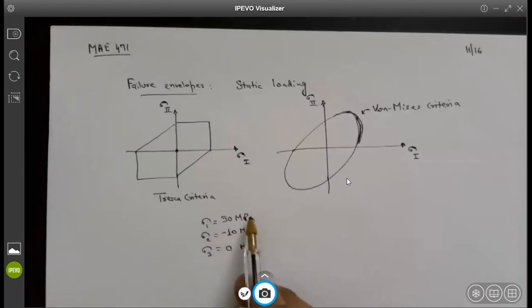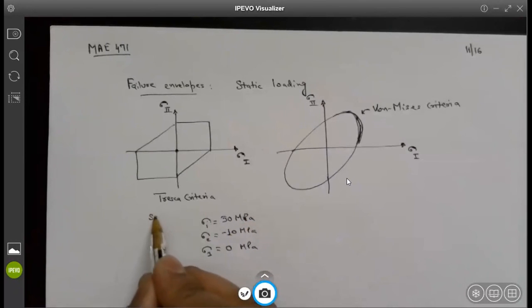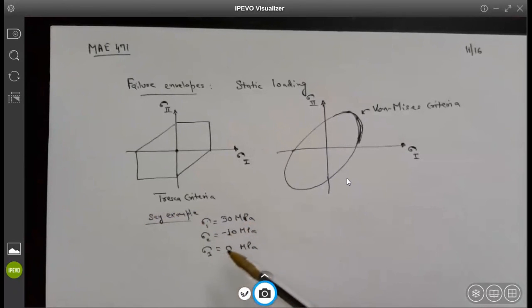If you know that these are the principal stresses for a given design situation, then how can you ensure that the specific loading scenario is safe or unsafe, or whether there is going to be failure or not, or whether there is sufficient factor of safety or not.